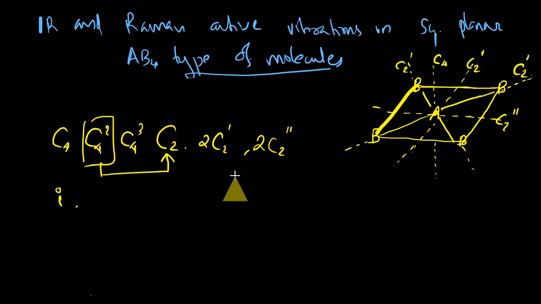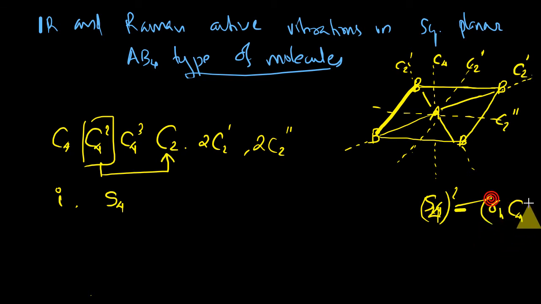So we have S4 also, and S4 square. S4 square is not there. What is S4 square? S4 is C4 followed by sigma h, right? So the square of this means sigma h square times C4 square.